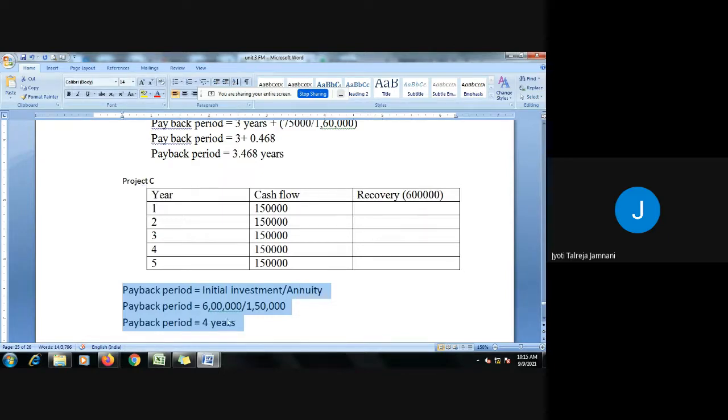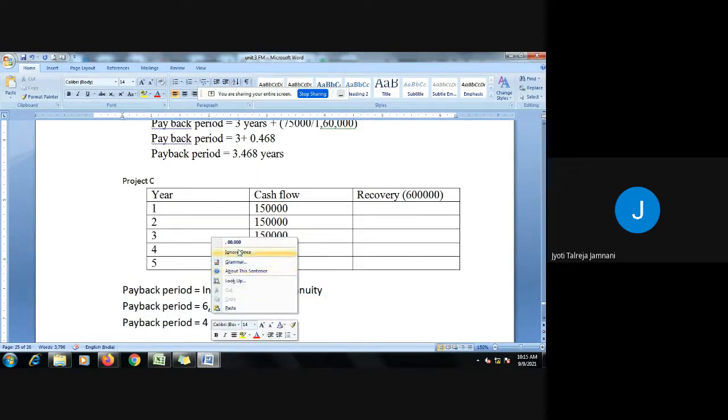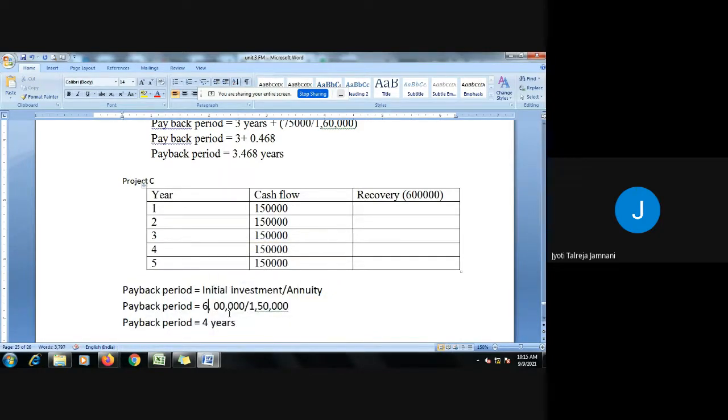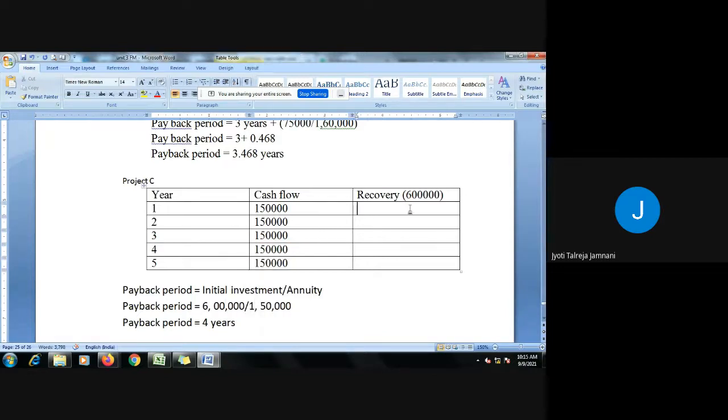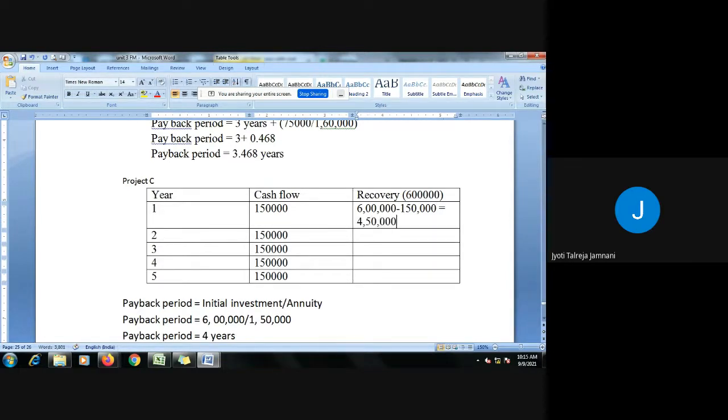If you do it this way, when it is given as normal payback period and annual cash flows, we can do it like this. Let us cross check if we are getting the same. So the normal way: 6 lakhs minus 1 lakh 50,000, you get 4,50,000. Then 4,50,000 minus 1,50,000 gets 3 lakh.